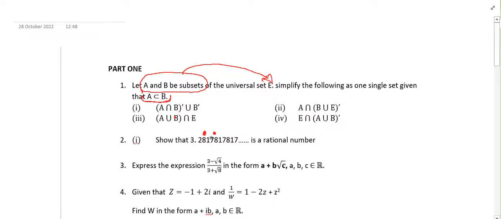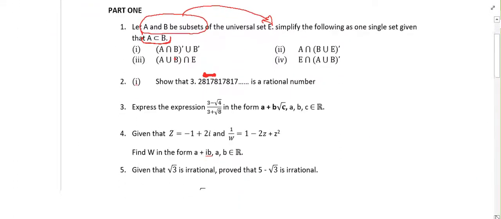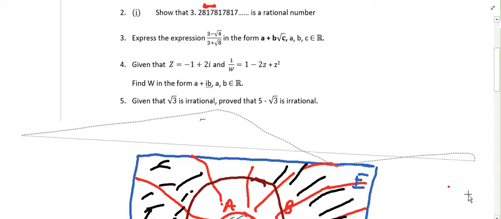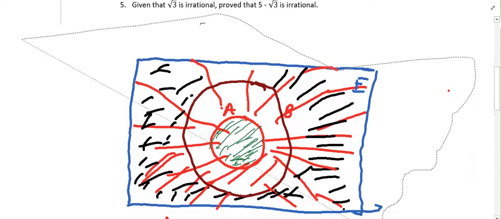So meaning on this 817, that's why you're going to put a bar like that. Okay, so this simply means that the number we have down there is just 3.2817.